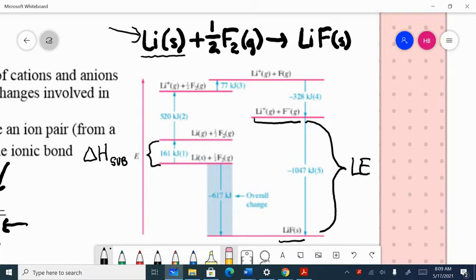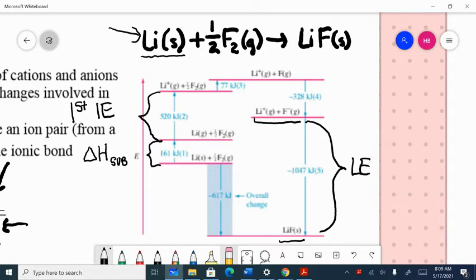So the amount of energy to turn lithium gas into an ion is the first ionization energy, because I only need to rip off one electron here. So it will take 520 kilojoules of energy to pull that electron off.